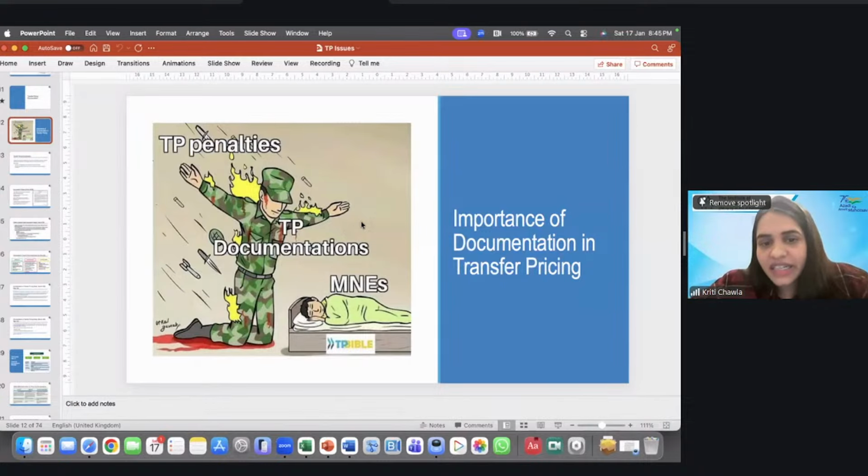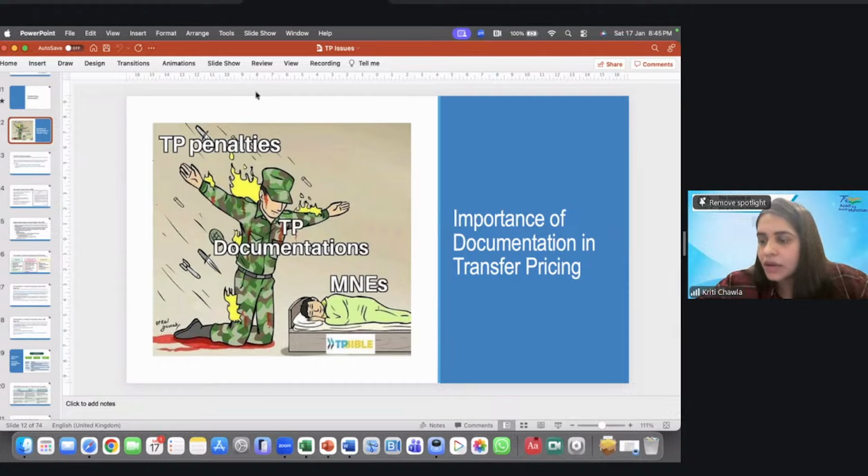A question right here: how can you file 3CEB without a TP study? Well, if you've undertaken transactions, you have to file 3CEB. Well, the transactions have been undertaken, and you can maintain the TP study.